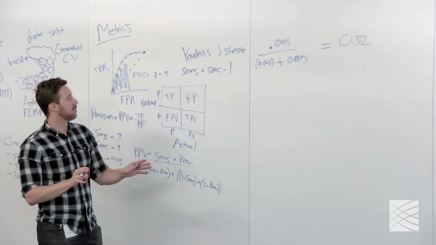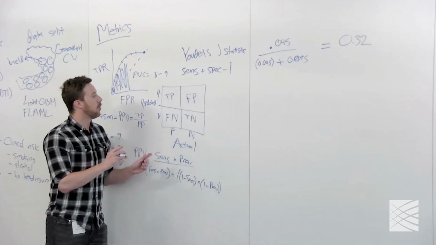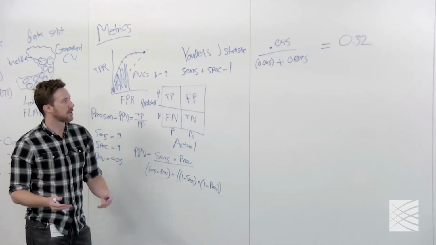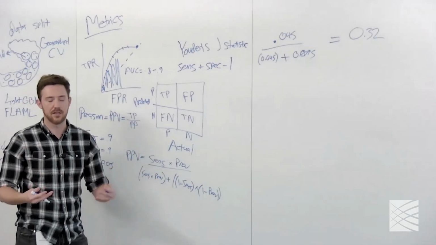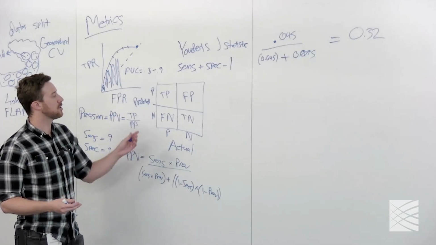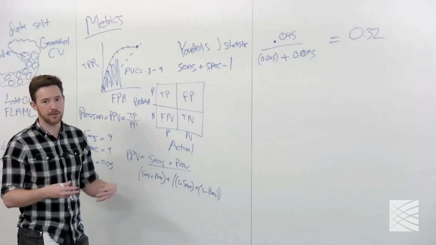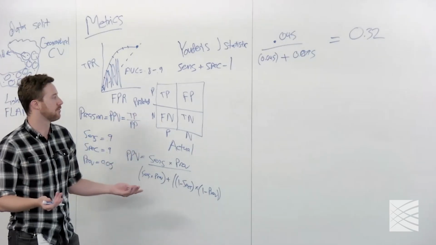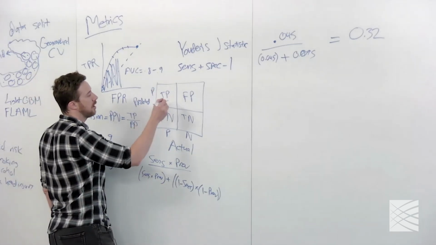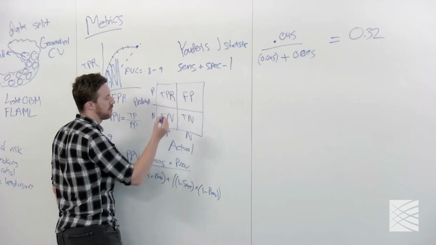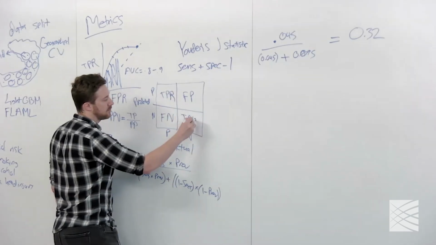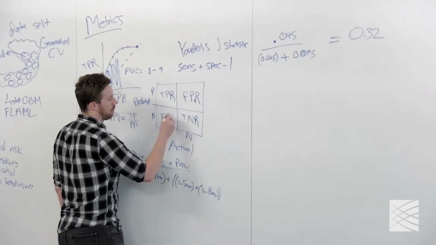Now, the last thing I want to talk about is one particular summary metric that is very rarely reported, but is a really convenient summary of a confusion matrix. So you can use a confusion matrix to calculate rates that we're all probably pretty familiar with. So when you divide by the actual number of positives, you get the true positive rate. Divide by the actual number of negatives, the true negative rate, so on and so forth.